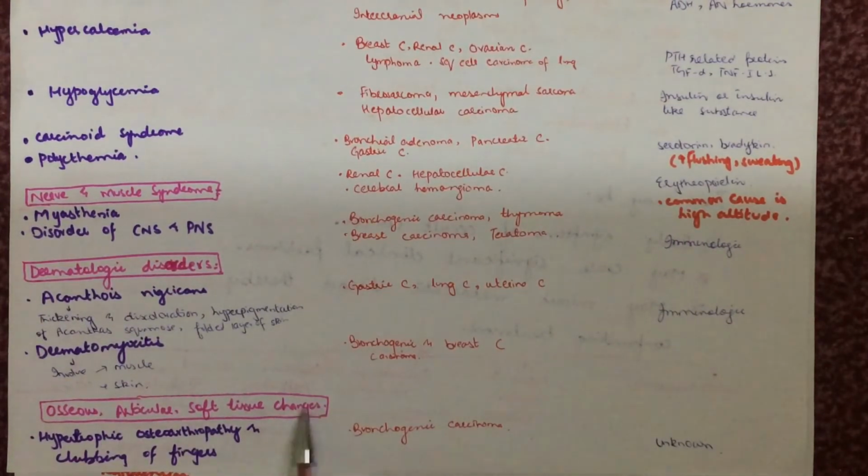Osseous articular soft tissue changes include hypertrophic osteoarthropathy and clubbing of fingers. The major form of neoplasia is bronchogenic carcinoma, and the agent is unknown.